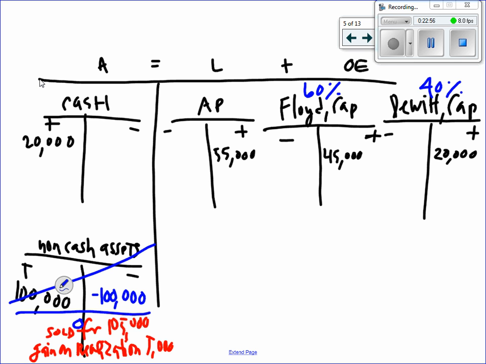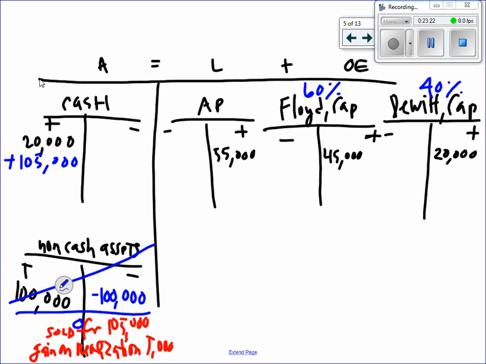So we have one credit of 100,000. We have plus 105 up here. Why is that 105 and this was 100? Because of the gain on the realization. Okay.